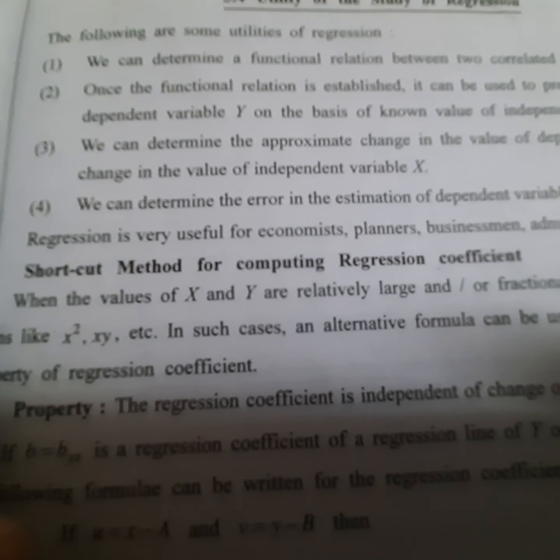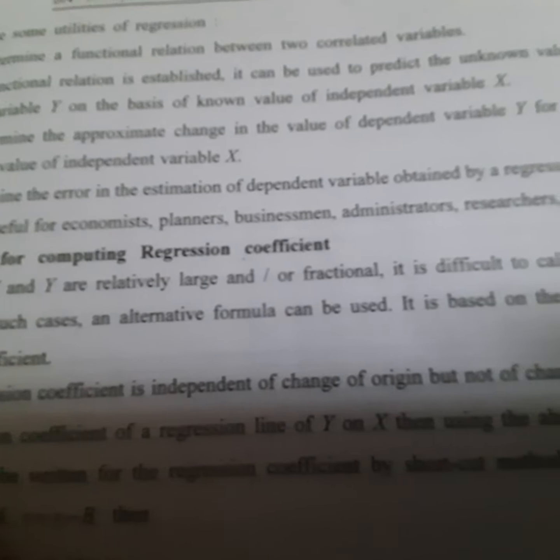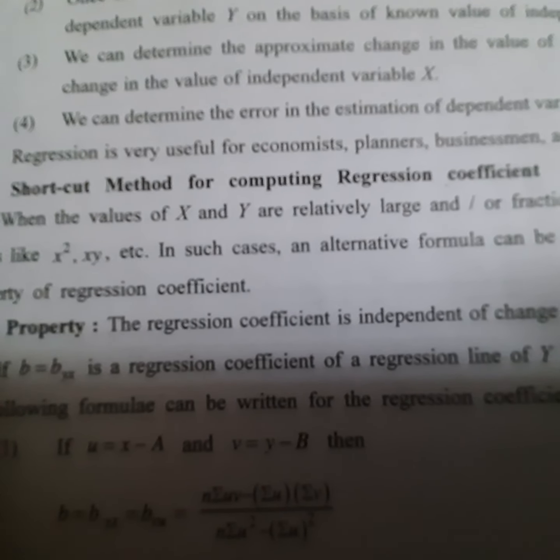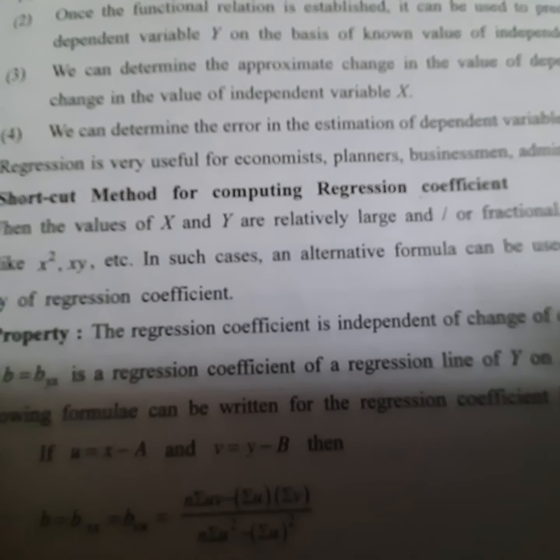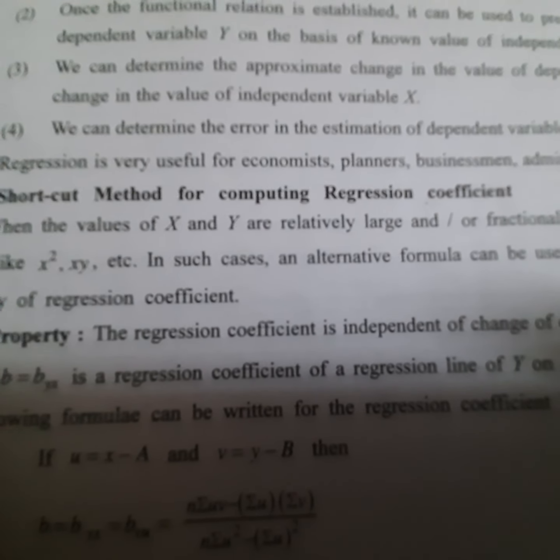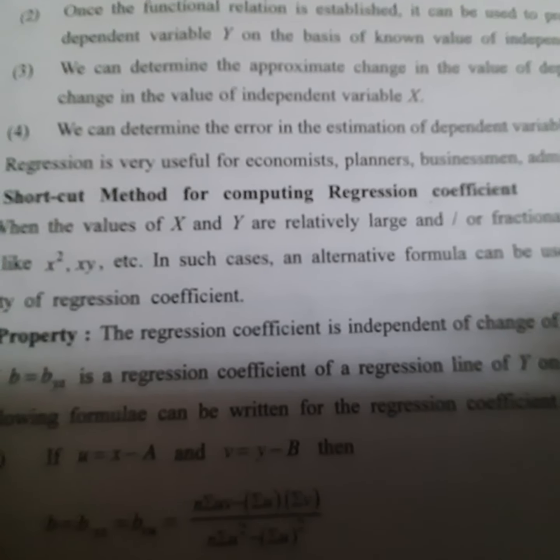Fourthly, we can determine the error in the estimation of the dependent variable obtained by a regression line. Sometimes we find out the value of dependent variable y when x is given, and it can be compared with the actual value.